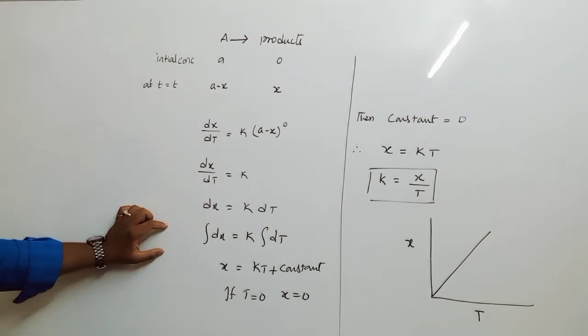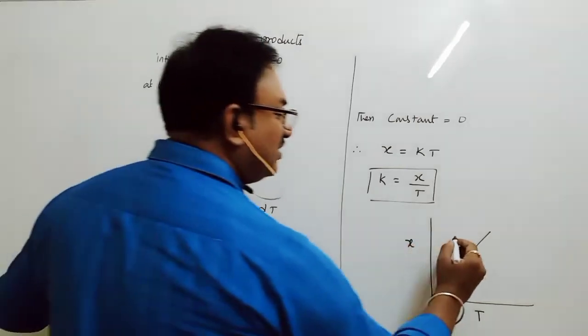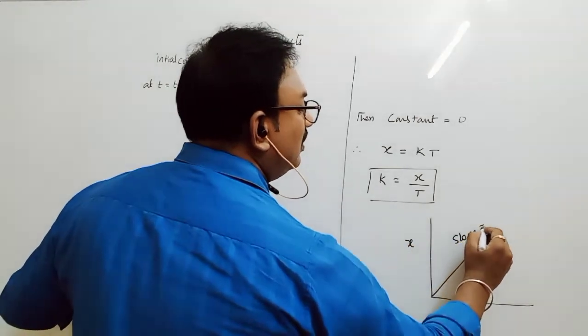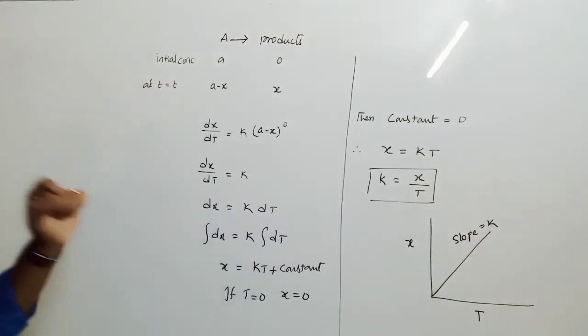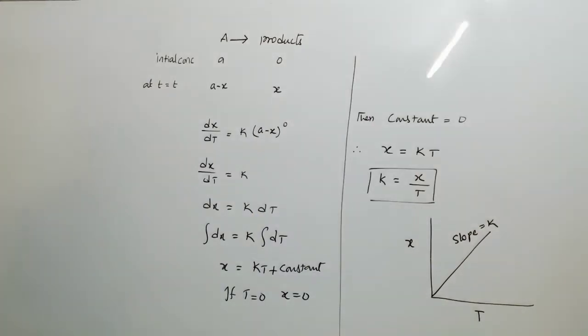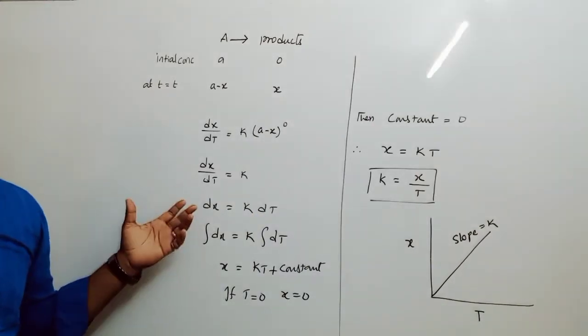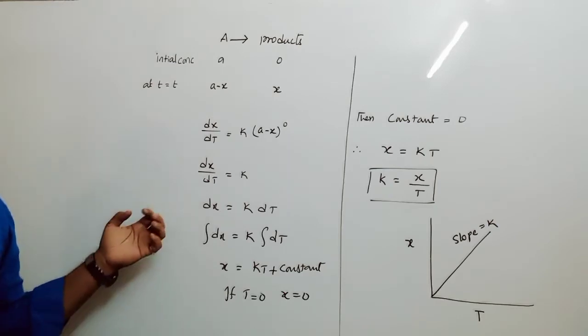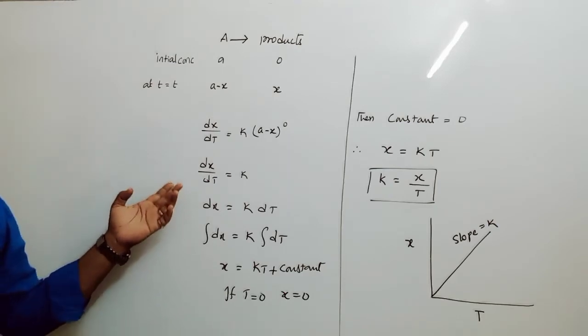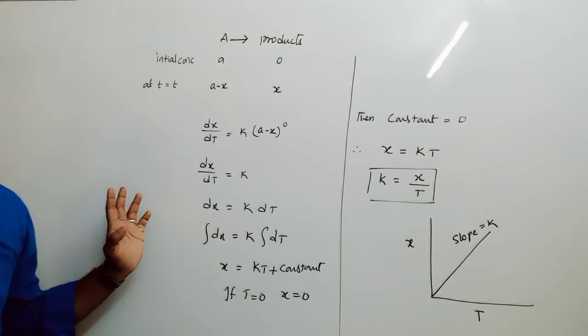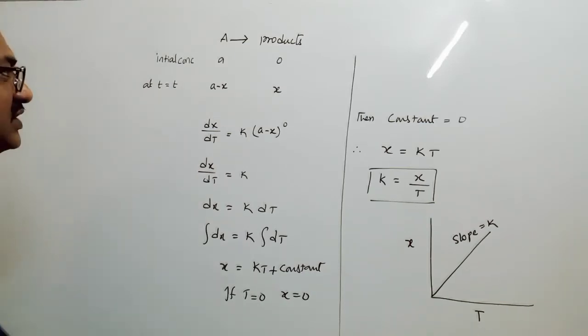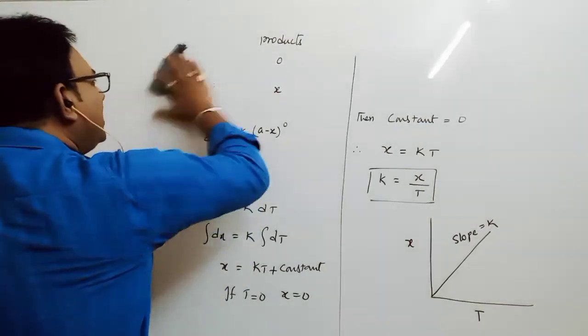And here the slope will be positive. Slope is equal to k, right? So this is an alternative integrated rate law expression for zeroth order reactions. Okay. Next, let me continue.